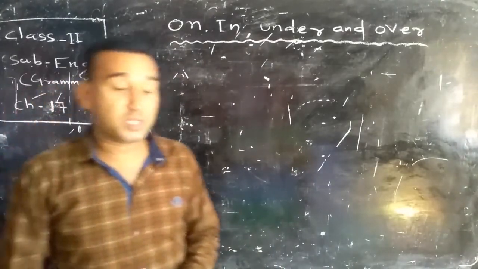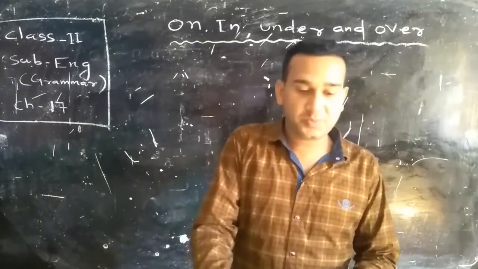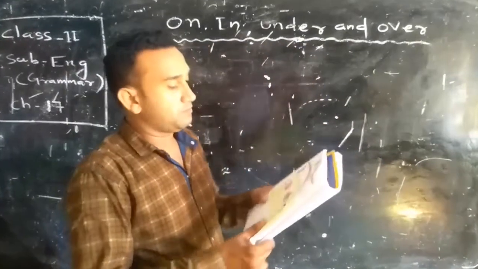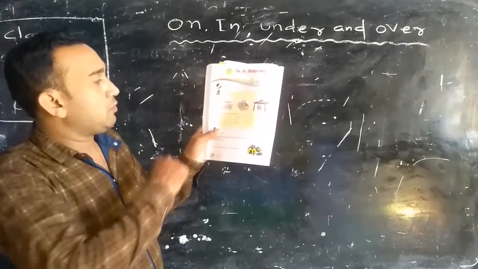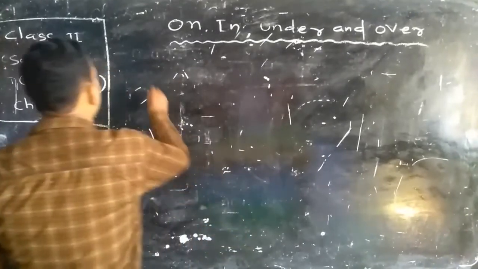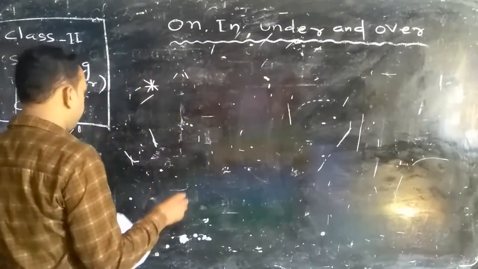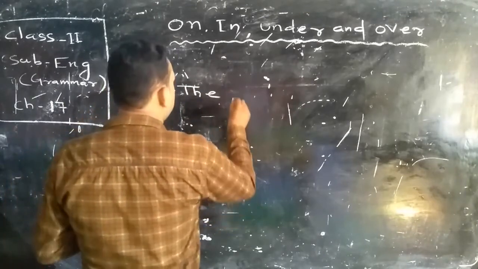So dear student, first look at your book. Look at this picture. You look at this picture, and you have to complete this one. For example, you have to see the blackboard. You have to see one kitten.